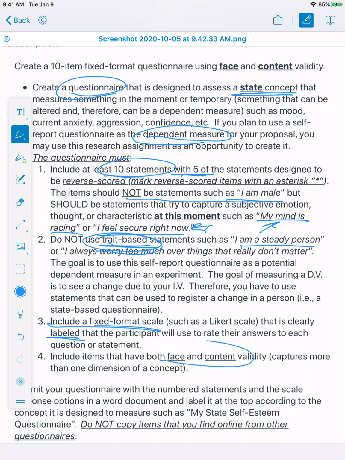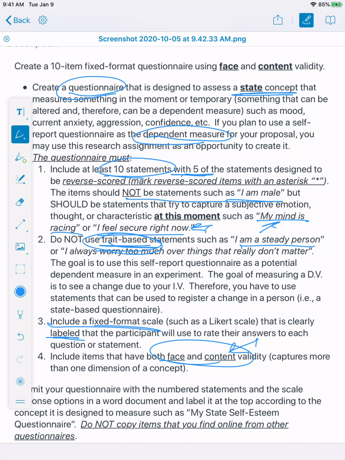Now remember that in general, when we're talking about validity of a questionnaire, we can use a lot of different things. Face validity, or on the surface, it looks like that question measures what we think it should. That's going to be something that I will take into consideration for this assignment. But we also want to have content validity. In other words, if I'm a confident person, what does that look like?